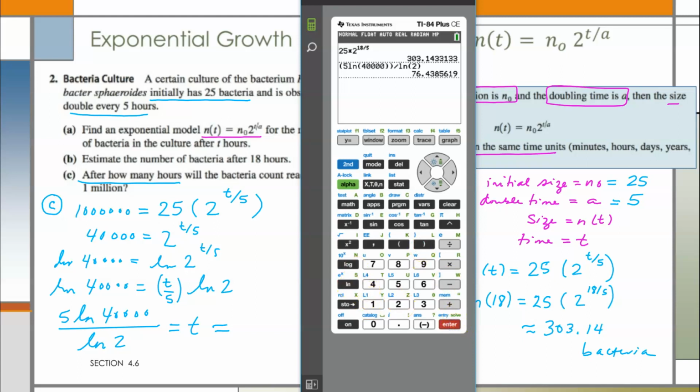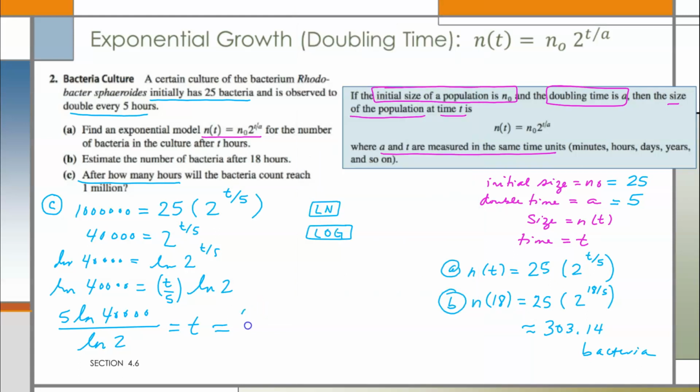And we get 76.44 if we round to 2 decimal places. Now, time was in hours. So after 76.44 hours, we'll have 1 million bacteria.